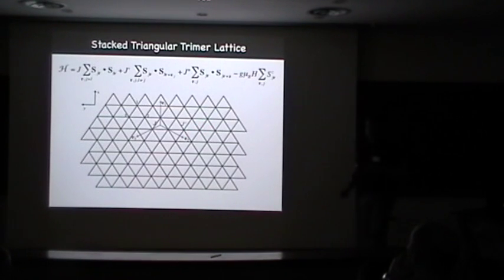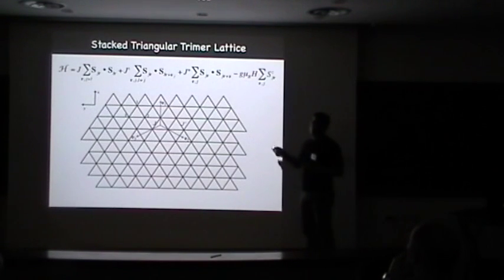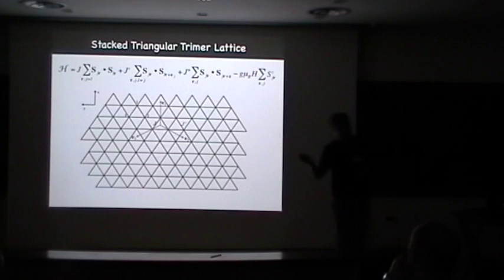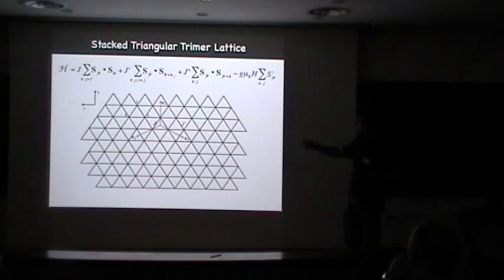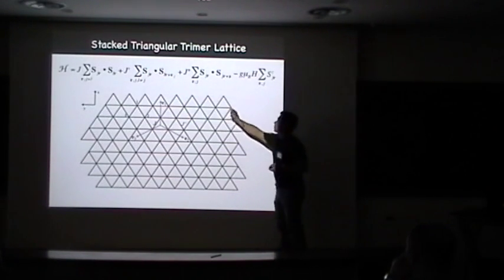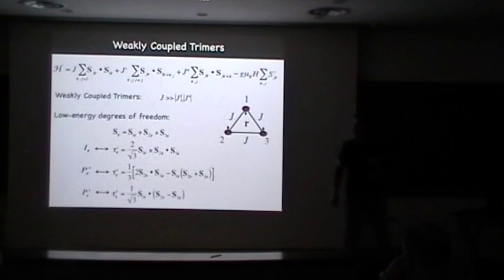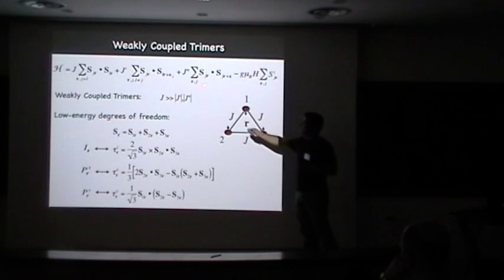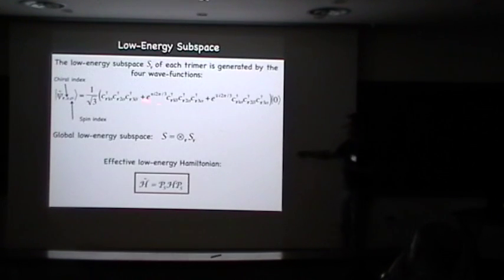That phase that you have in mind will appear in a moment, when we project the Hamiltonian. For the moment, we only have Heisenberg interactions on bonds. On the red bonds, we have J. On the black bonds, we have J prime. And then on the bonds along these chains, we have J double prime. So these phases will appear once we project the Hamiltonian into the lowest energy subspace that is generated by these states.